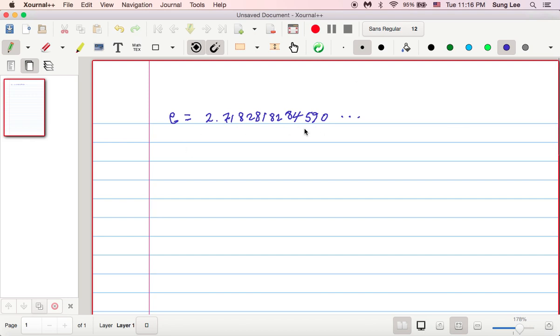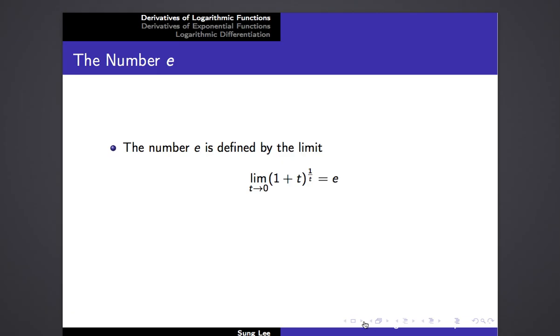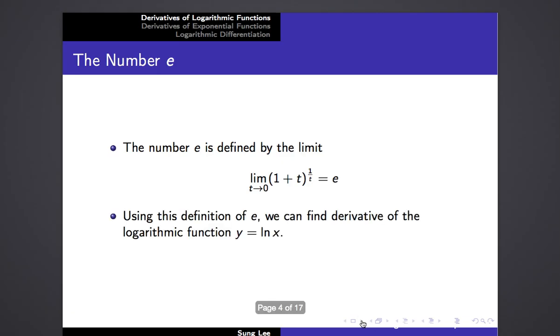So this is as far as I could go, as far as I remember. Okay, but normally we use 2.718 for numerical calculations. So going back to the lecture slide.